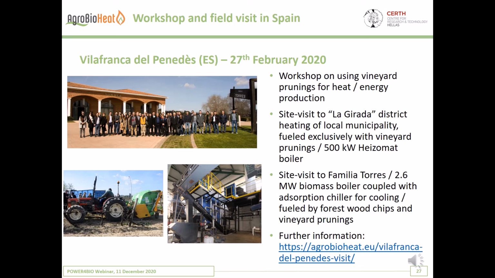We had a chance to visit the local district heating boiler. We saw how the harvesting works in practice, and we also visited a larger biomass boiler in a local winery, which is used to provide process cooling, in fact, and is fueled partly by vineyard prunings and partly by forest wood chips. And you can find further information on the project website.